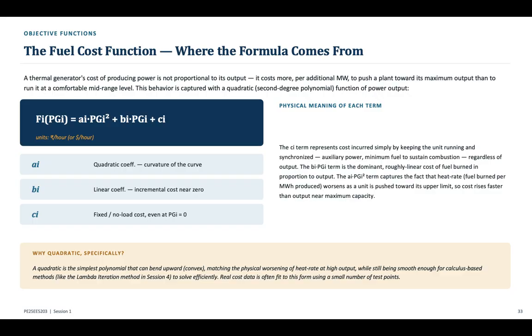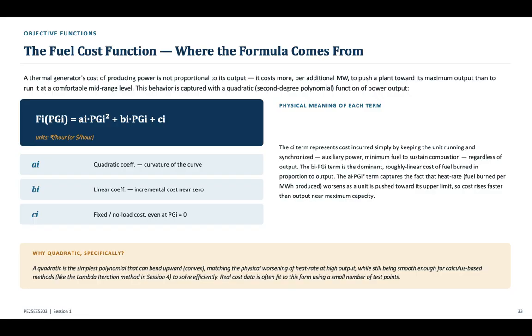So the Ci term represents the cost incurred simply by keeping the unit running and synchronized, auxiliary power, so minimum fuel to sustain combustion regardless of output. The Bi Pgi term is the dominant, roughly linear cost of fuel burned in proportion to output.